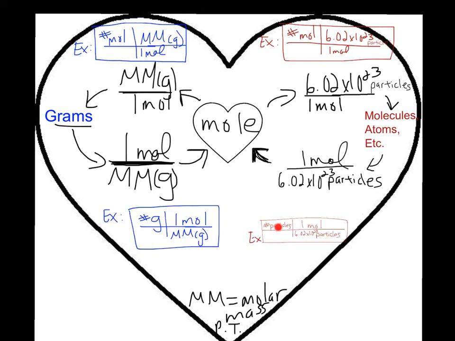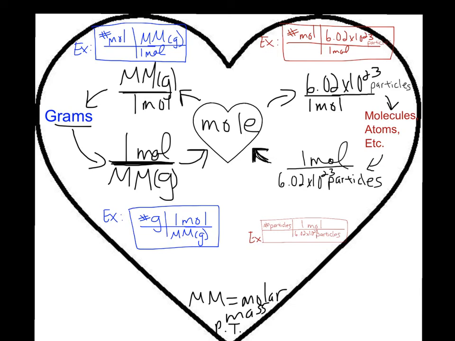And when you divide your number of particles by 6.02 times 10 to the 23rd, you will get a number of moles. If they ask for particles and they give you moles, well then, to get away from moles towards particles, you're going to use this conversion factor, and it would look like this on your paper, where the number of moles is the given amount in the problem.